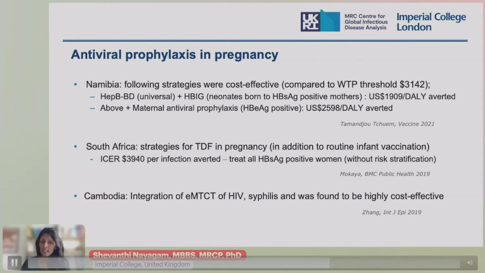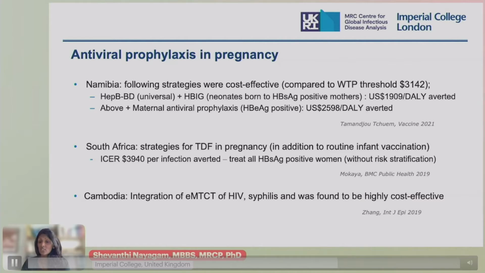In South Africa, another study modelled strategies for tenofovir in pregnancy in addition to routine vaccination, and again found that treating all surface antigen positive women was cost effective without risk stratification compared to the South African willingness to pay threshold, which is higher than in many countries in the region.